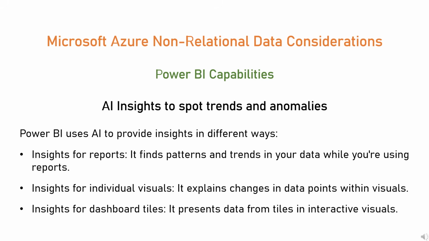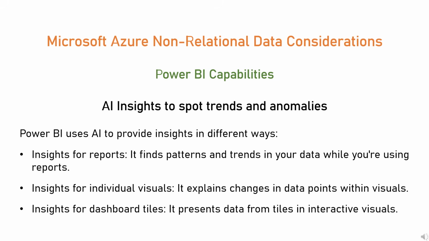Power BI uses AI to provide insights in different ways. Insights for reports. It finds patterns and trends in your data while you are using reports. Insights for individual visuals. It explains changes in data points within visuals. Insights for dashboard tiles.